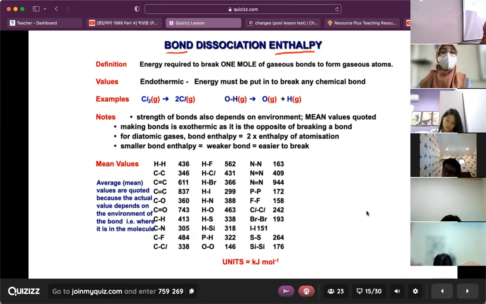The value of bond enthalpy is always endothermic. Why? Because according to the definition, energy required means you need energy from outside. Energy from outside means it is endothermic. Energy must be given.